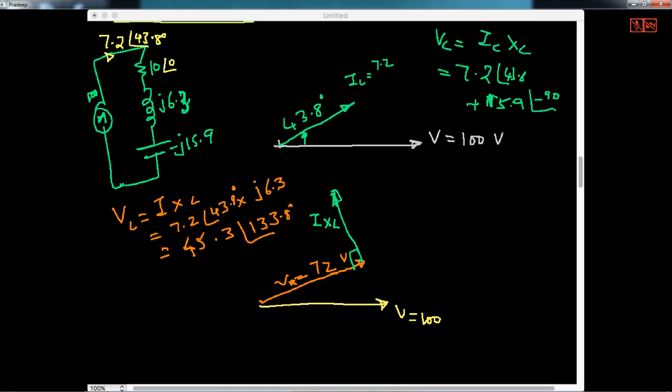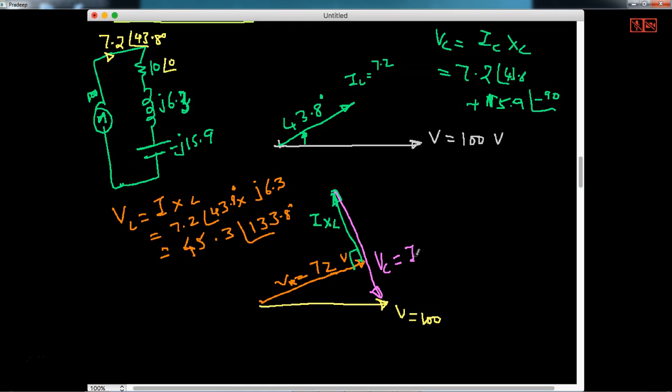Let me draw that. This is another vector. This is VC, or nothing but I into XC. This is VL, I into XL. The addition of these three will again come back to 100 volts.